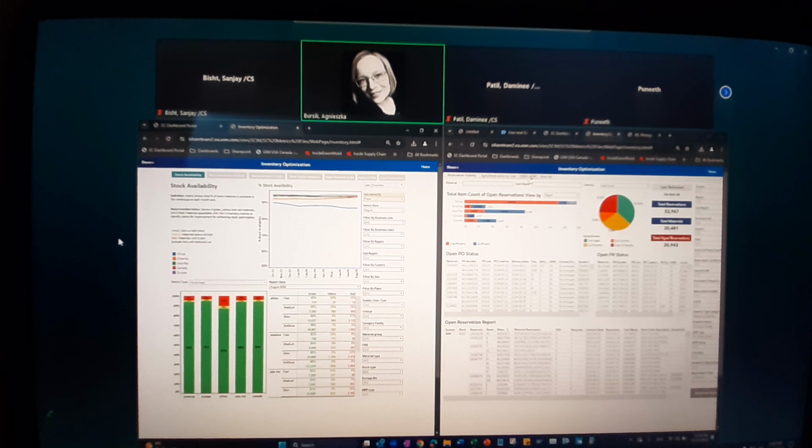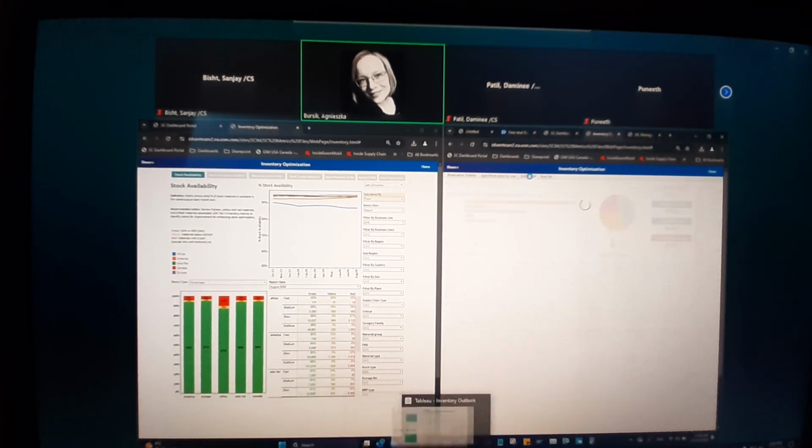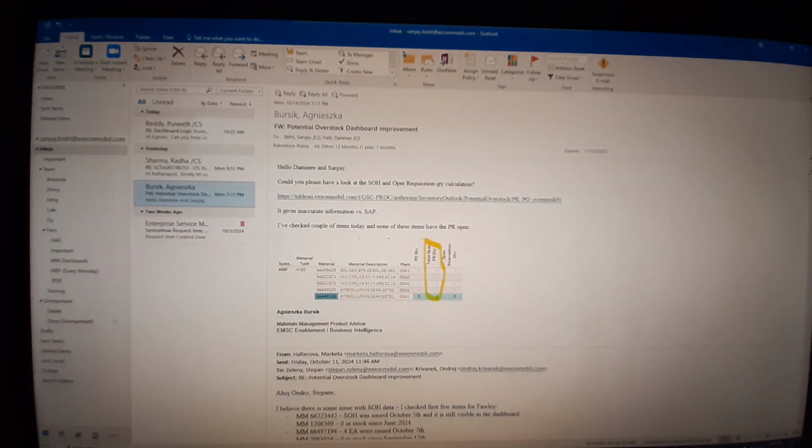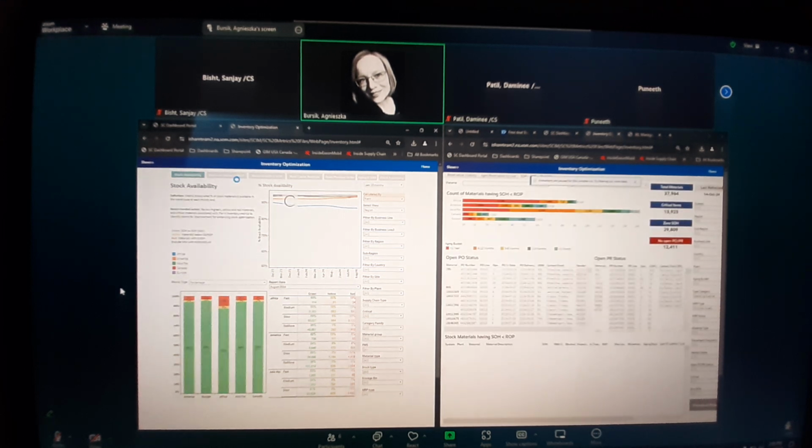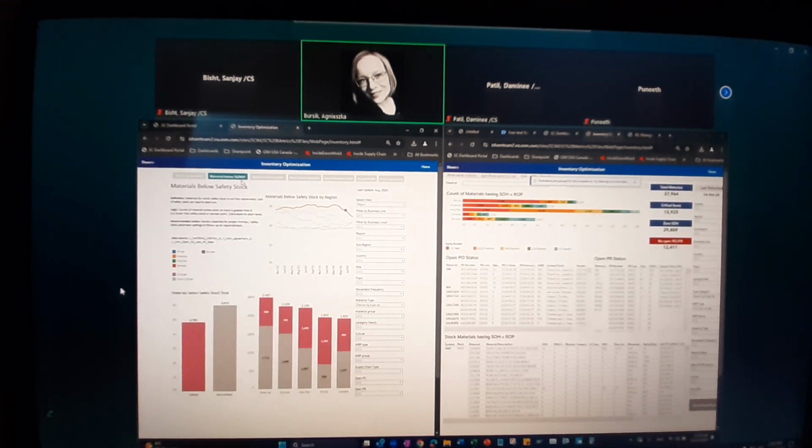And here, the business side requested again to include the stock on hand below reorder point, which is the same as we have here, materials below reorder point. So again, we have two metrics. We don't see the same visualization or the same percentages here, but in theory, this is the same metric. So again, I need to know what is the difference, to be able to combine these metrics.